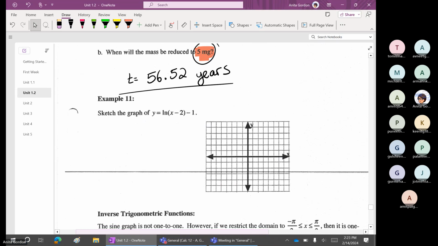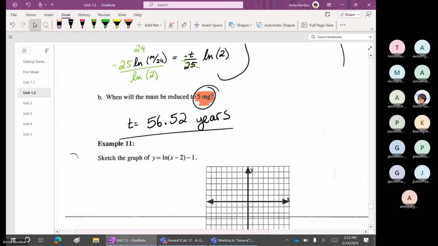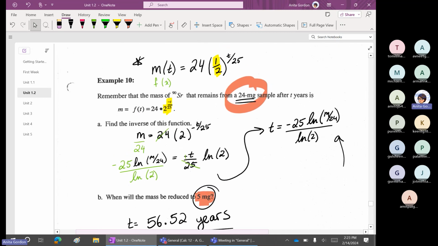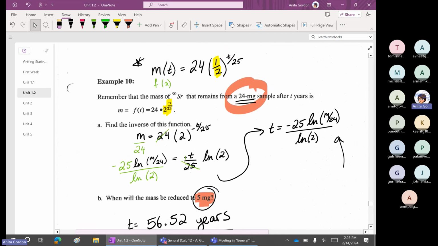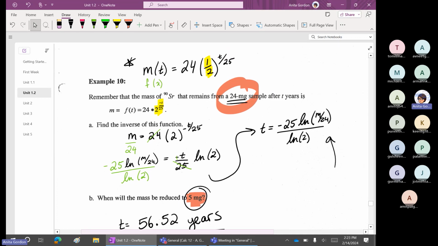Because this is exponential decay, you could use ln over ln, or you could use a log.